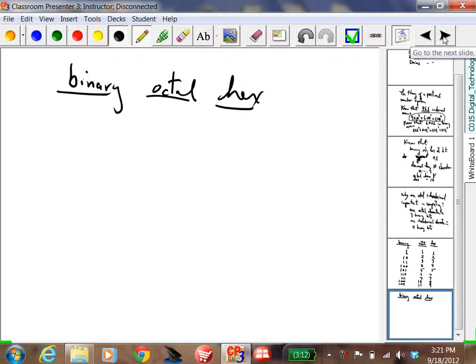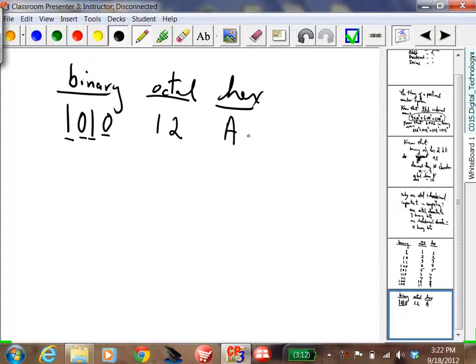Ten in binary. 8 plus 2. Okay. This is 1, 2, 4, 8. Okay. 8 plus 2 is 10. In octal, okay. In hexadecimal, we write A. 11 in octal is this.